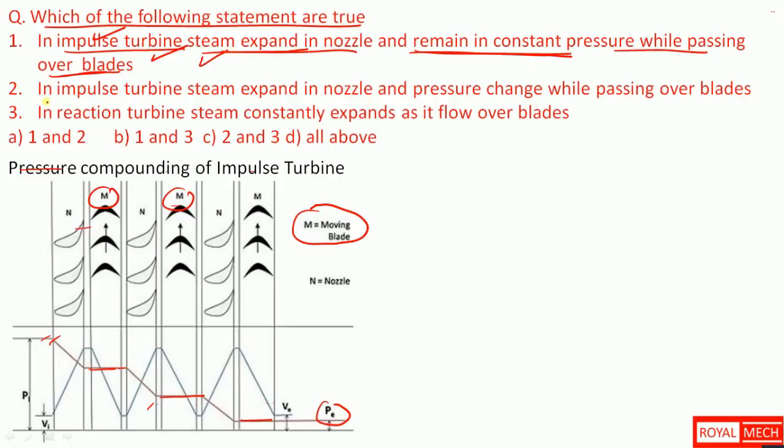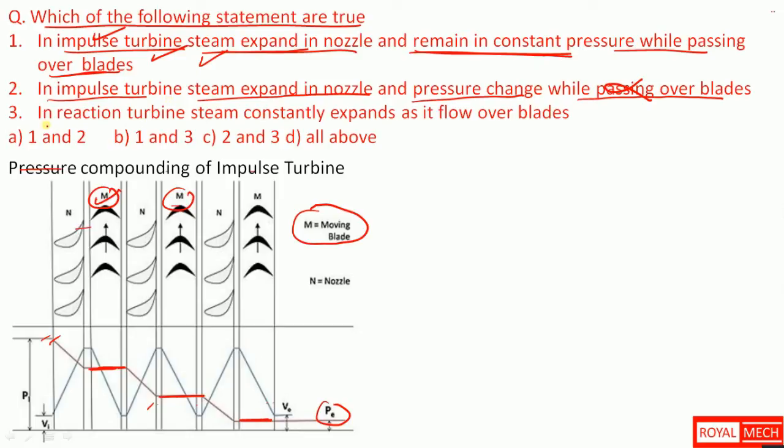Statement 2 is, in an impulse turbine, steam expands in the nozzle and pressure changes while passing over the blades. They are saying the pressure will change, but the pressure remains constant while passing over the blades. So statement 2 is wrong.